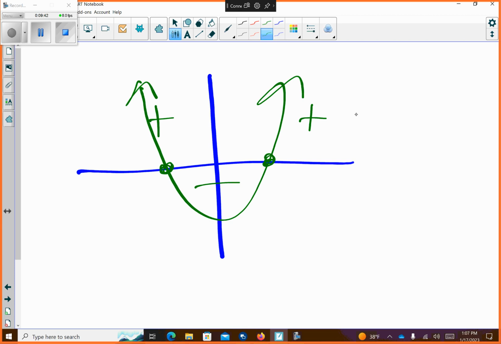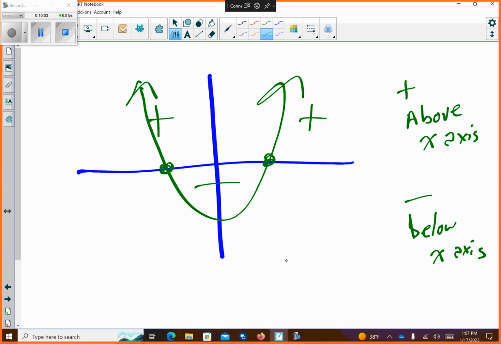Now, that does not mean that's what the slopes are. That just means where it's above or below the x-axis. So positive would mean above the x-axis, and negative means below the x-axis, which all in turn means y values.